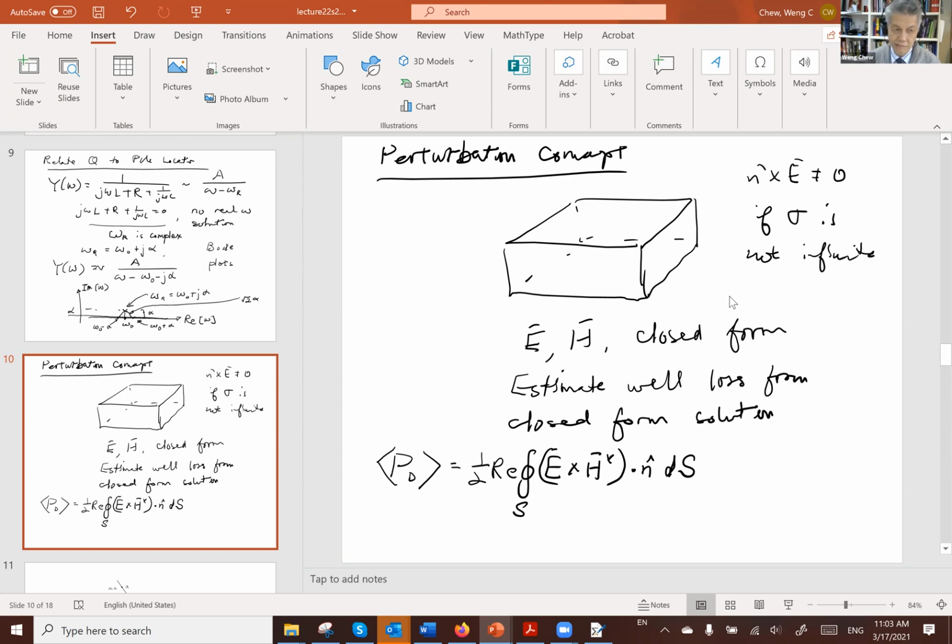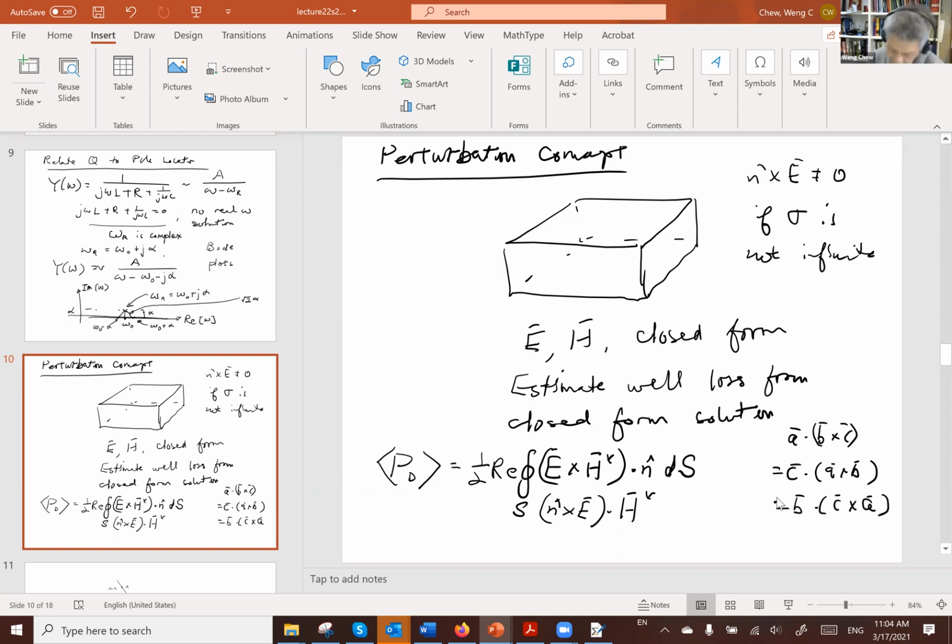But how do I estimate this integral? Well, I can estimate it by first assuming that E is very small. E should be 0. If n cross E equals 0, you can easily see that using the vector identity, I can write this as n cross E dot H star. I can use this identity, that A dot B cross C is equal to C dot A cross B is equal to B dot C cross A. This is the cyclic identity.